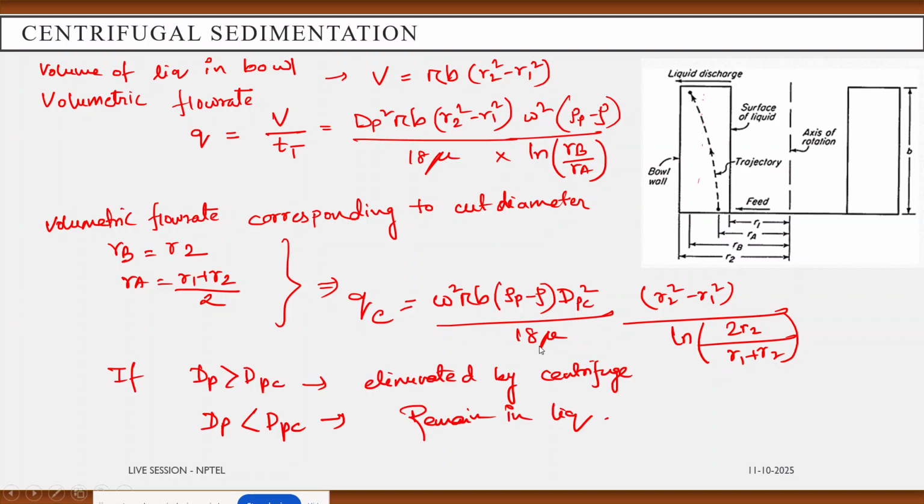Also, if the thickness of the liquid layer is very small in comparison to the bowl, it may appear that R1 is nearly equal to R2. Then the particle settling velocity will get constant.